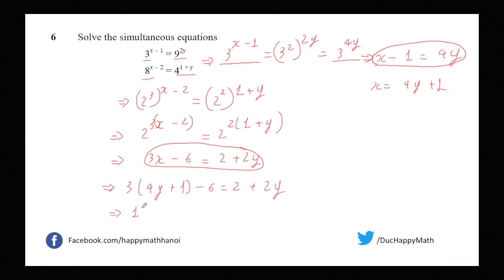So 12y plus 3 minus 6 minus 2 minus 2y equals 0, and you will get 10y minus 5 equals 0. So y equals 1 over 2, and the value of x is 4 times 1/2, which is 2, plus 1 equals 3. So the solution of the system is x equals 3 and y equals a half.